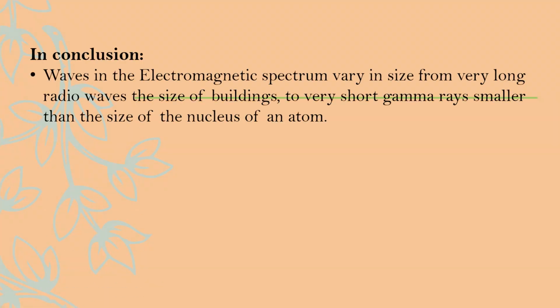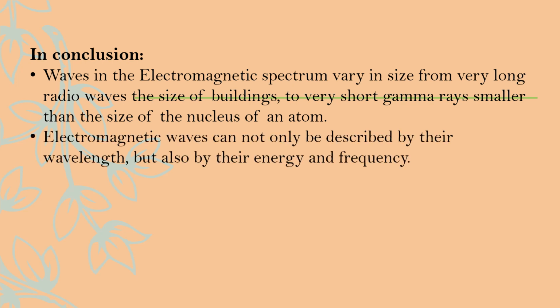In conclusion, waves in the electromagnetic spectrum vary in size from very long radio waves, the size of buildings, to the very short gamma rays, smaller than the size of the nucleus of an atom. Electromagnetic waves can be described not only by their wavelength, but also by their energy and frequency.